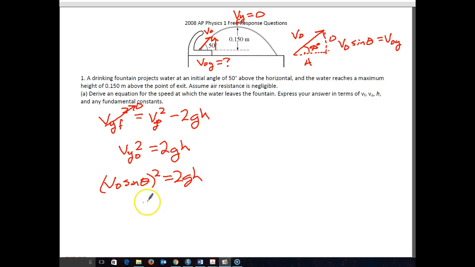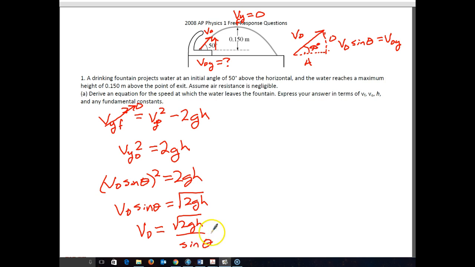We want to get rid of the square, so VO times the sine of the angle is equal to the square root of 2 times gravity times height. And we just want VO, and that's equal to the square root of 2GH all over the sine of the angle. So this is our equation.